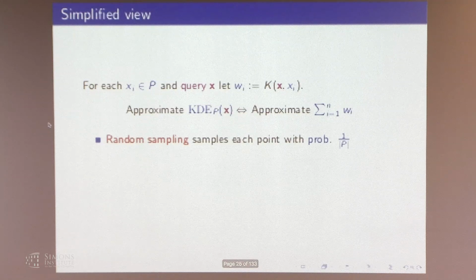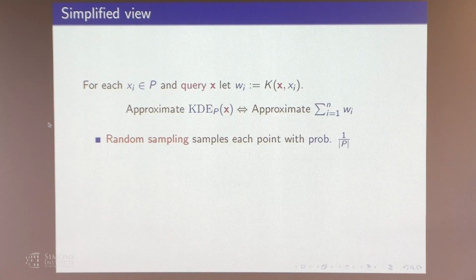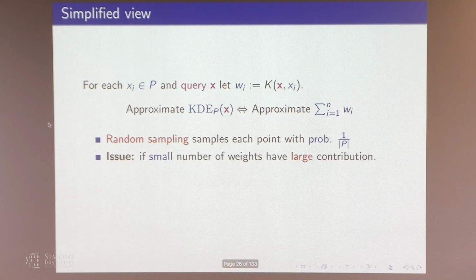Now, what does random sampling do? Random sampling picks a random element amongst these and averages a bunch of these random values. Now the problem is, why does random sampling do badly?